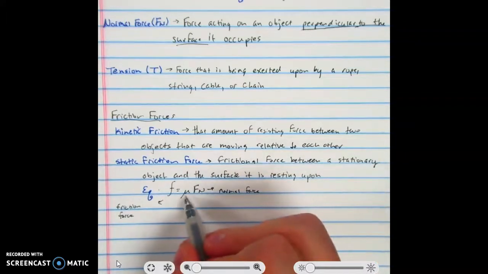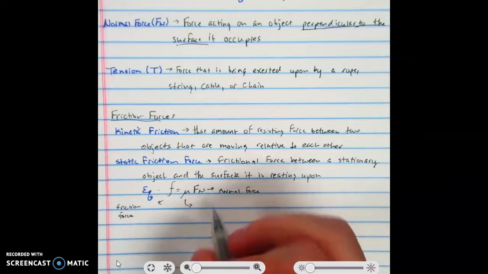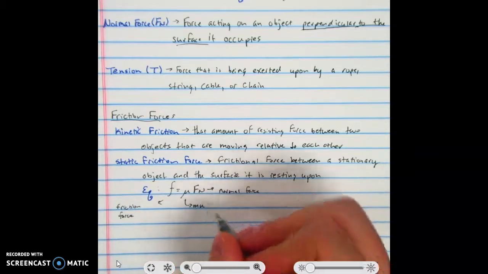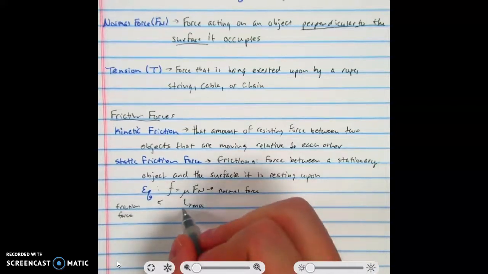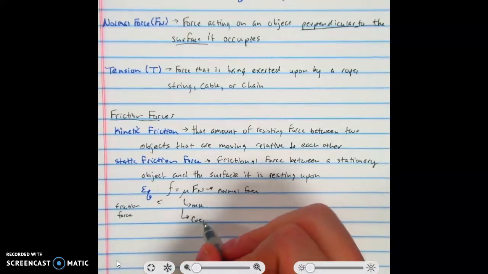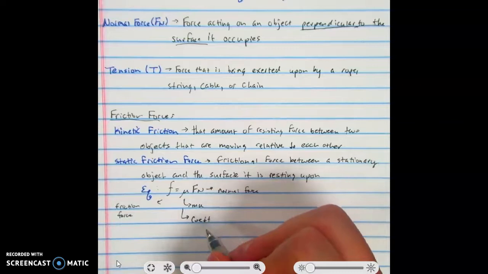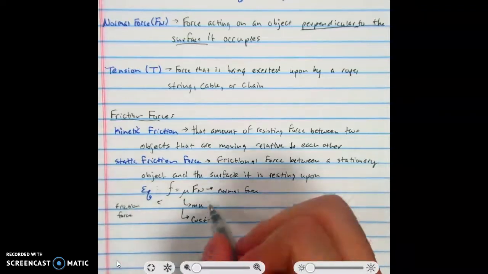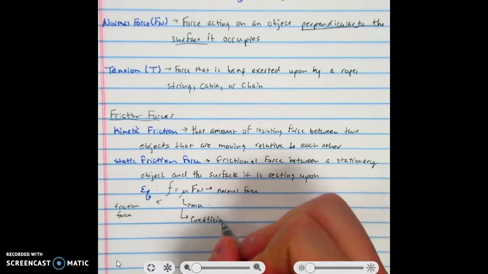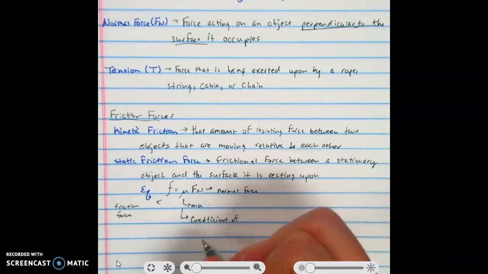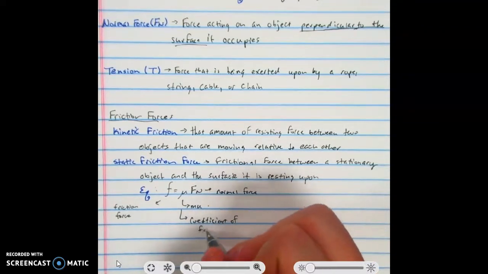And this weird looking Greek symbol looks like an M, but it's not. It's called a mu. Mu is your coefficient of friction.